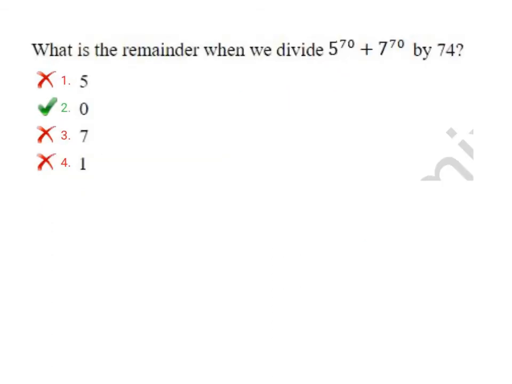Next one. What is the remainder when we divide 5 power 70 plus 7 power 70 by 74? It is in the form of a power n plus b power n, but n is even, so you cannot have any factors. So try to represent them like 5 square to the power of 35 plus 7 square to the power of 35.